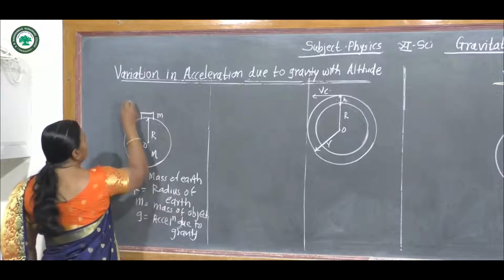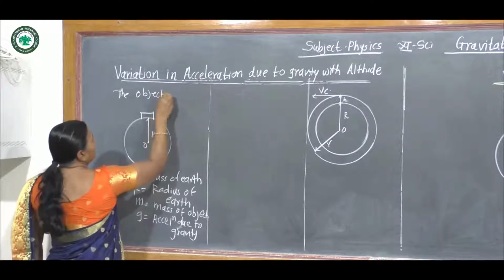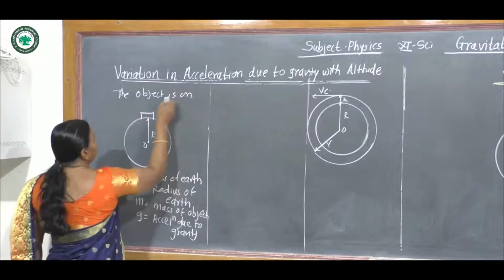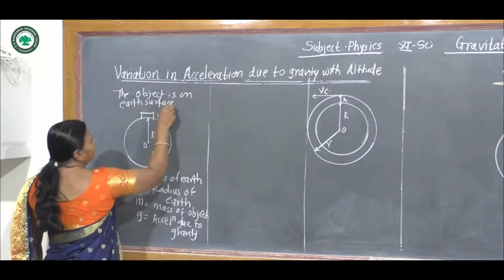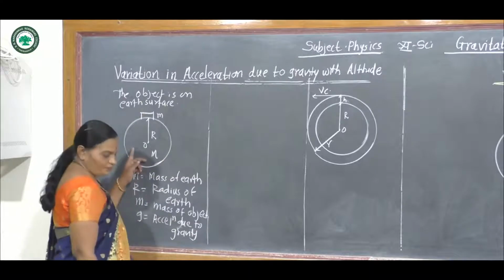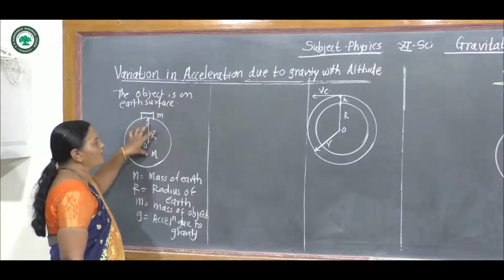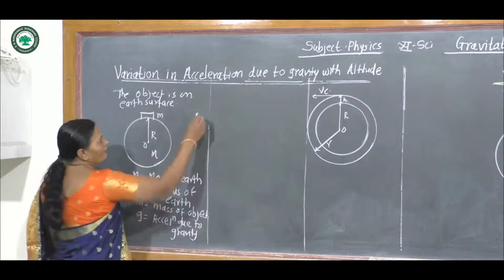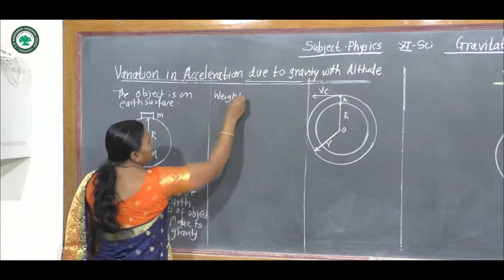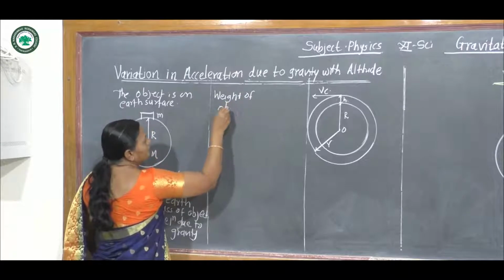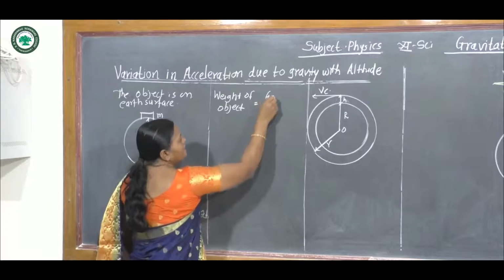Now we consider the object on the earth's surface. In this case, a gravitational acceleration acts on it, and we can say that the weight of the object is balanced by the gravitational force.